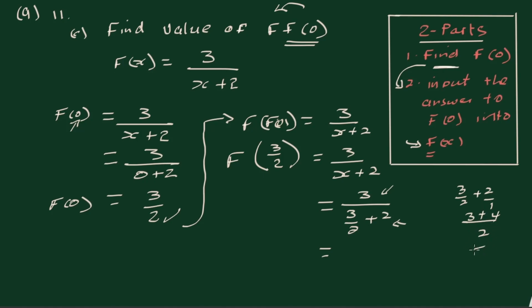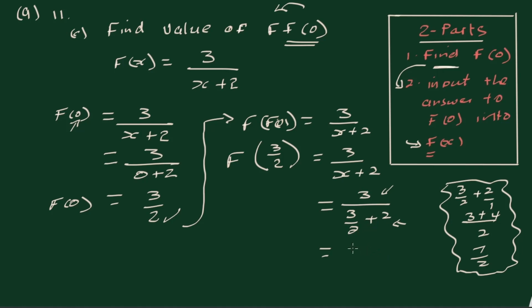So this equals 7 over 2. So this denominator becomes 7 over 2.